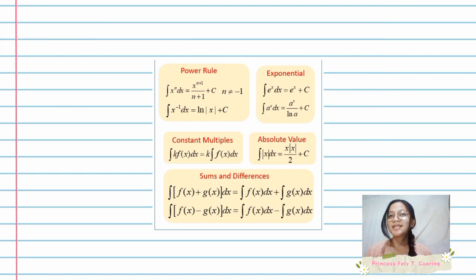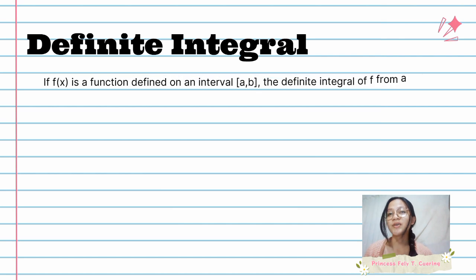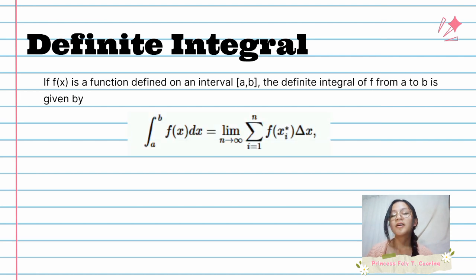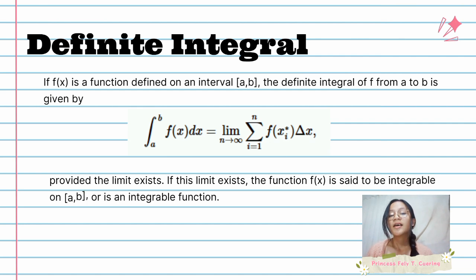If f of x is a function defined on an interval a to b, the definite integral of f from a to b is given by this formula, provided the limit exists. If this limit exists, the function f of x is said to be integrable on a to b or is an integrable function.